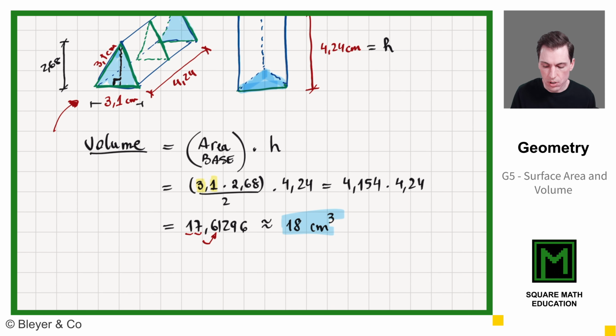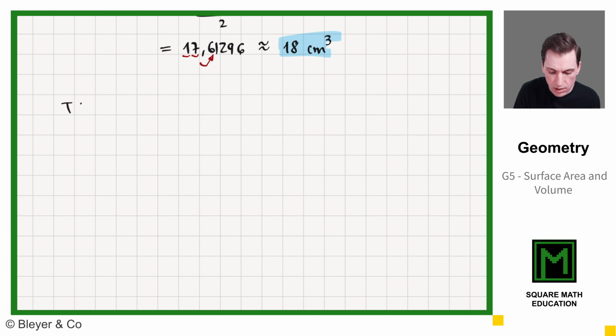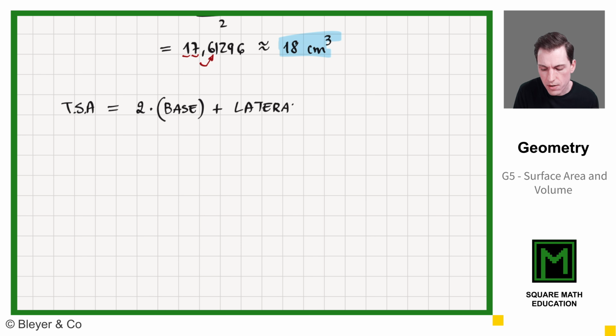Let's calculate now the total surface area. To calculate the total surface area, we are going to draw the same prism flat open. We also call this a net. If you remember from the previous example, the total surface area is 2 times the area of the base plus the lateral area.